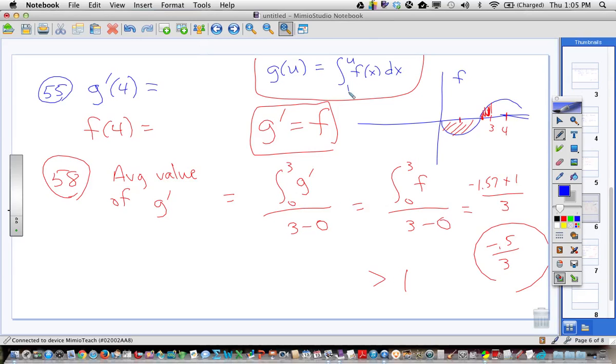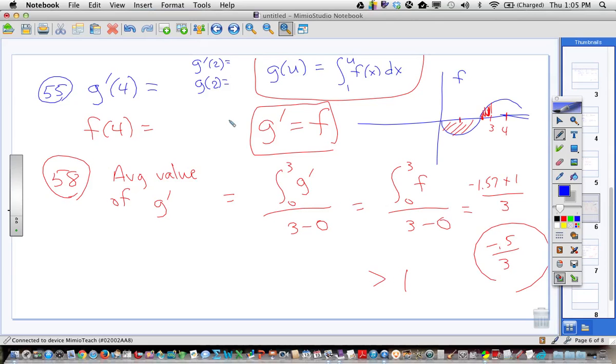What do you need to find an equation of a tangent line, or any line for that matter? You need the slope, which would be g prime of 2, and you don't need 2 points. If you already have the slope, you just need 1 point, right? You need the slope, and you need the point. So what we need is g prime of 2, and we need g of 2.